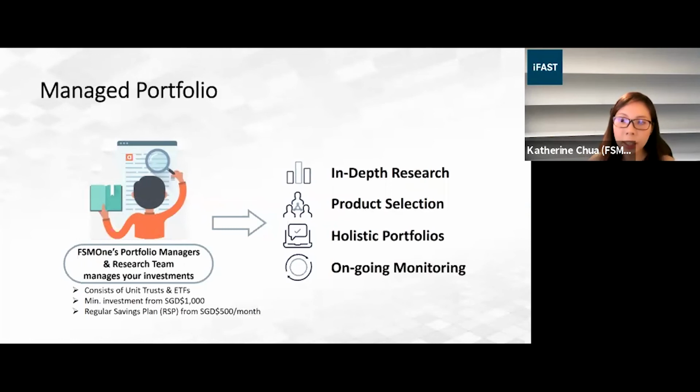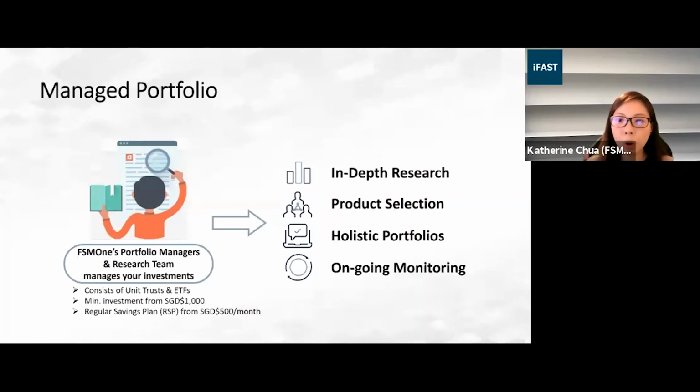Unlike other robo advisories out there, this managed portfolio consists mainly of unit trust investments rather than ETFs. And we do not use an algorithm to rebalance the investments.